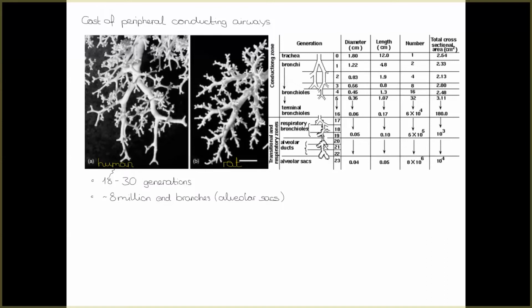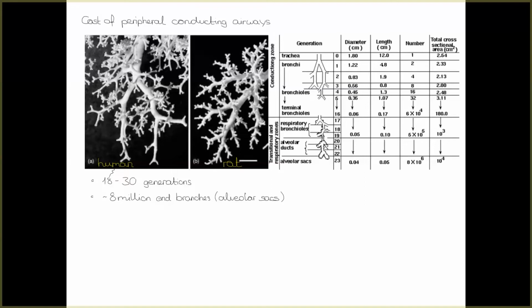Okay. Then we can also see something else. We have now, again, generations 1 to 16. Let's just look at those first. The diameters of these branches: the trachea is the thickest one, then it becomes thinner and thinner down to, in this case, about 0.6 millimeters.